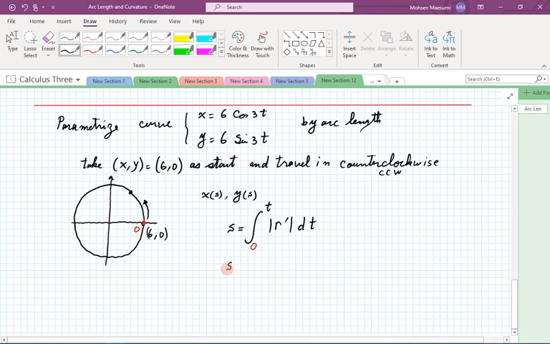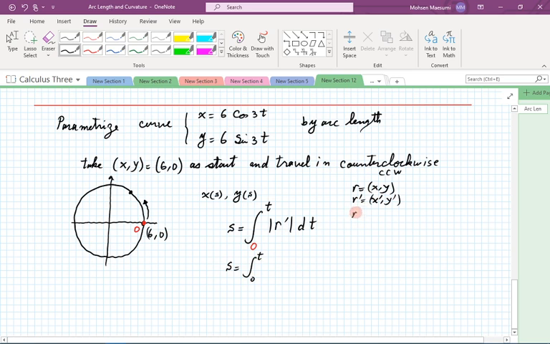So I say s is equal to the integral from 0 to t of the absolute value of r prime. So r was x and y here in 2 dimensions. R prime is just x prime and y prime. Just differentiate these two things.